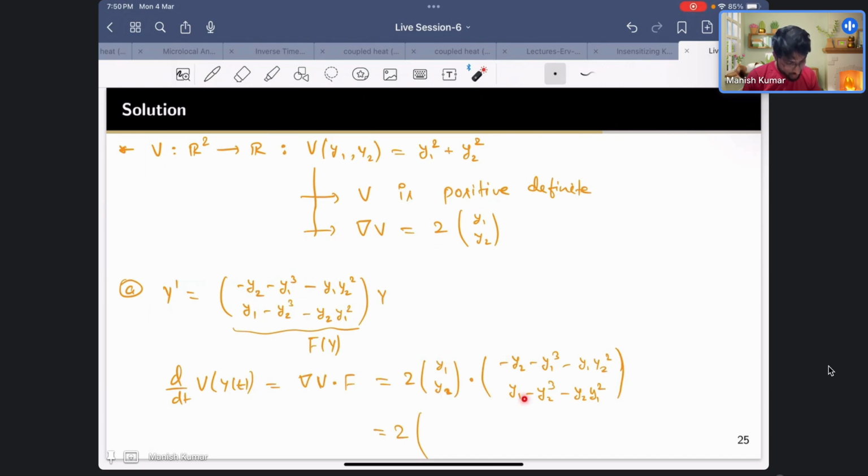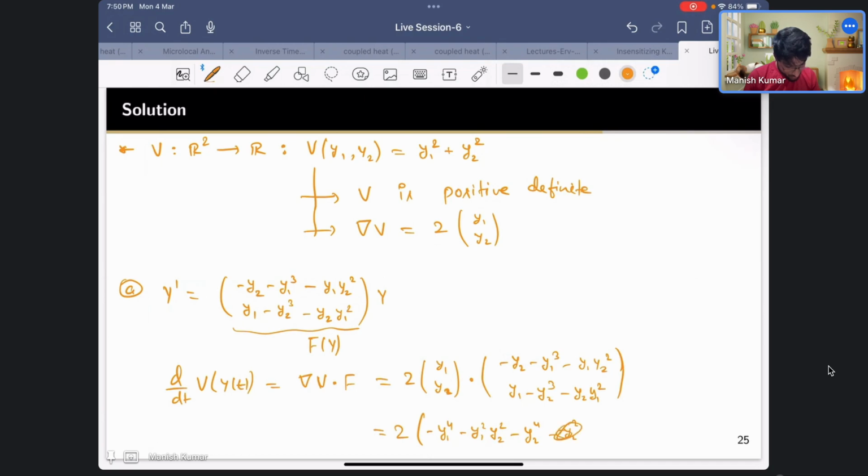you see this y1 times minus y2 and this y2 times y1 will cancel out, so this will be gone. The rest of the terms are minus y1 to the power 4, minus y1 squared y2 squared, minus y2 to the power 4, and minus y2 squared y1 squared.